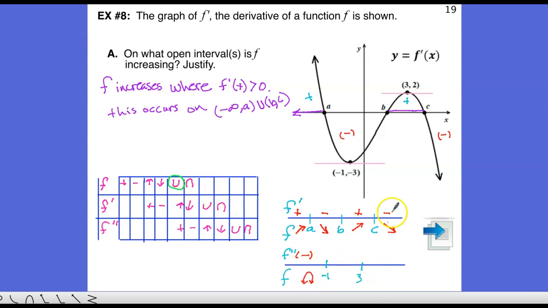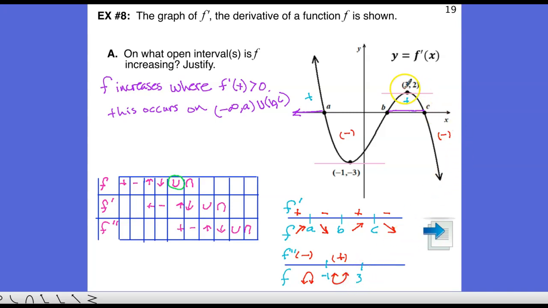Now, between -1 and 3, we can see that f prime is increasing. The graph is increasing on that interval, and so that means that f double prime is positive. It has a positive slope, and it means that the graph is concave up for f.